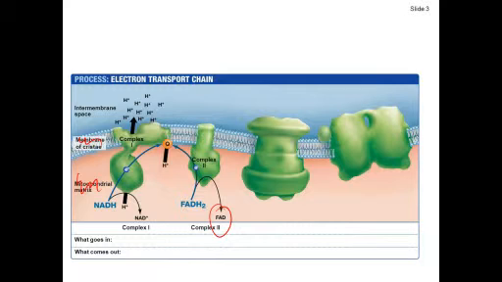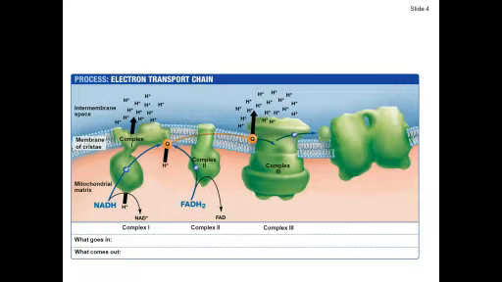Complex 2 becomes reduced once it accepts these electrons. The electrons are then donated to these little intermediate carrier molecules, which shuttle the electrons to the next complex, complex 3.